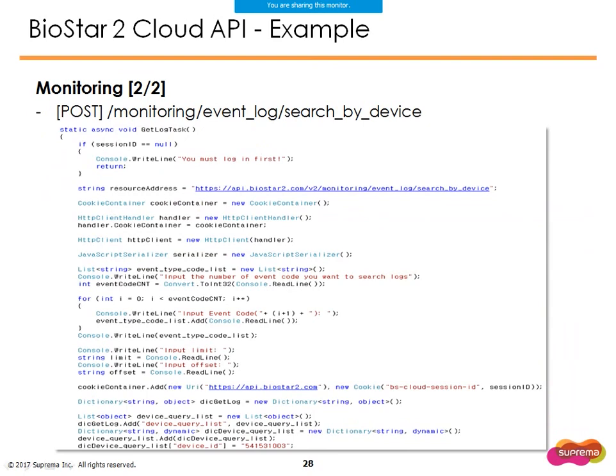This is the source code for searching event log by device. This source code is similar to code of access group API, so I will skip this explanation.